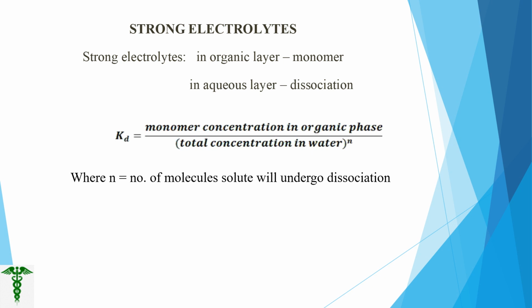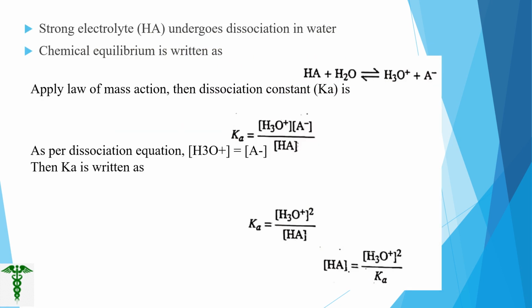The dissociation can be expressed by Kd: the monomer concentration in the organic phase divided by the total concentration in water raised to n, where n means the number of molecules the solute will dissociate into. That is what we divide in the partition coefficient experiment, organic phase divided by aqueous phase.